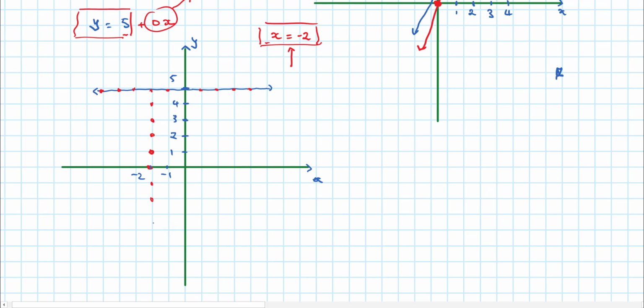So I end up with a vertical line. Now, we know that no line could be any steeper than this line. This is maximum steepness. So you could think of this gradient as infinity, but infinity is really a concept, so sometimes we'll talk about the gradient being undefined.